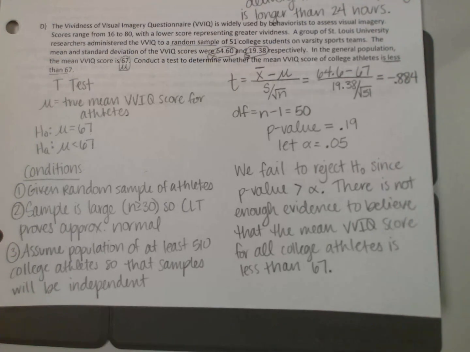And just as a side note, lower scores are greater vividness. So we were trying to prove that they have a greater vividness than the population, but we weren't able to prove that. So college athletes, according to our study, are just like everybody else, at least according to vividness or VVIQ scores.